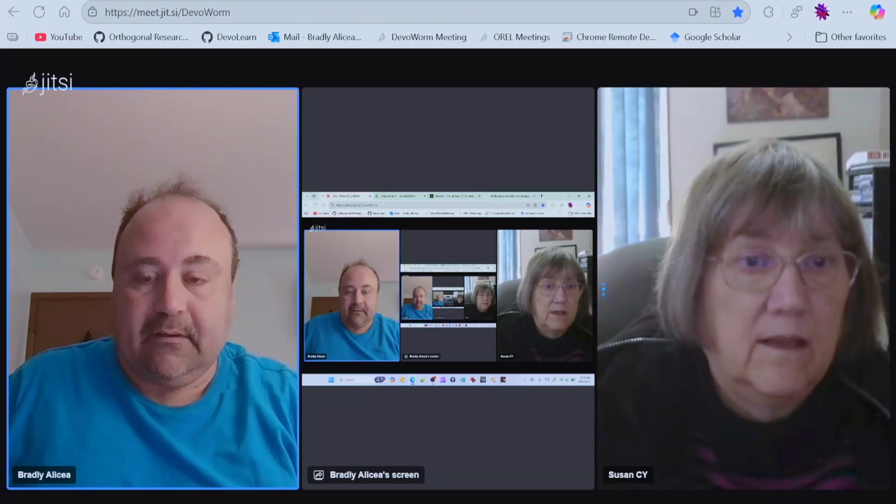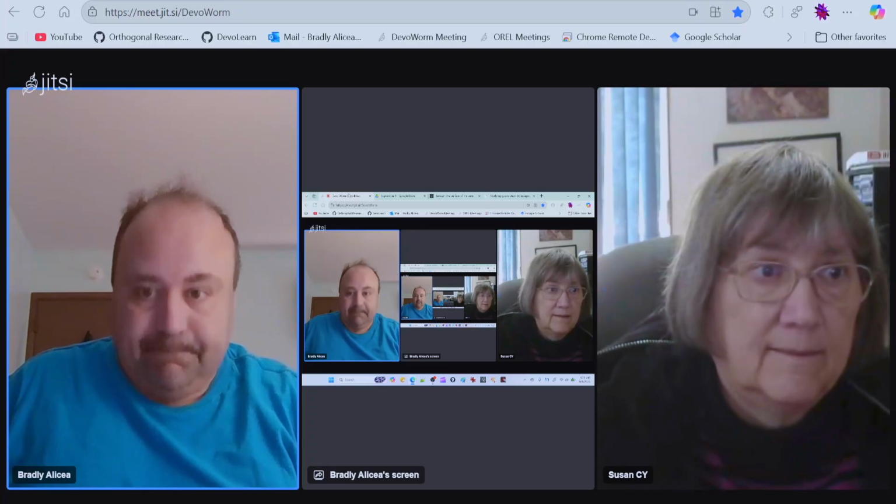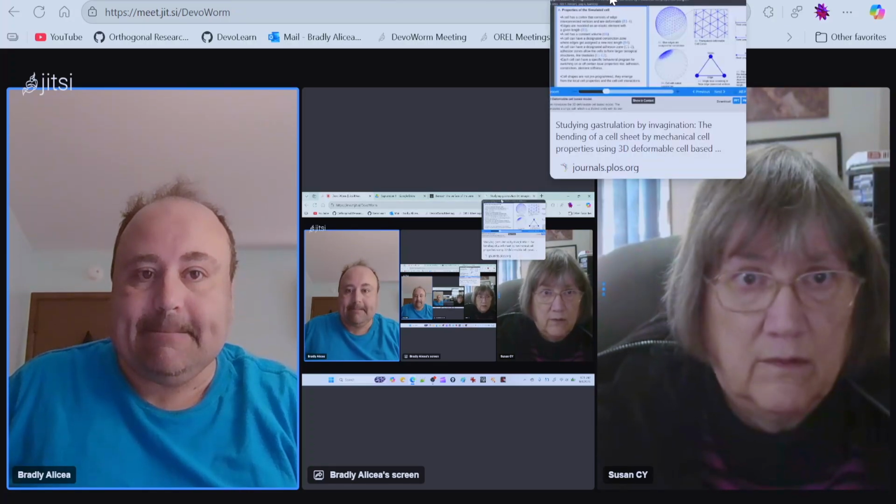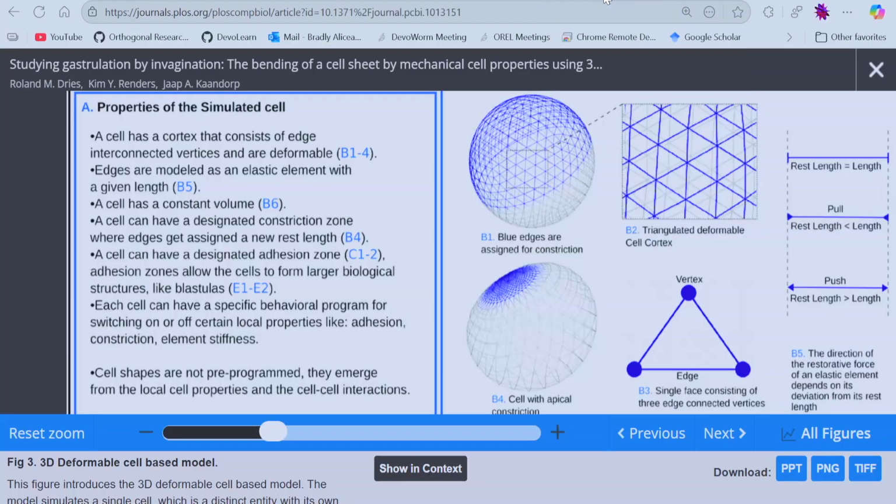Well, this is again, they're probably using continuum mechanics. I think so. They're using triangles, which are the most stable structure. So it probably will give different answers from real life.